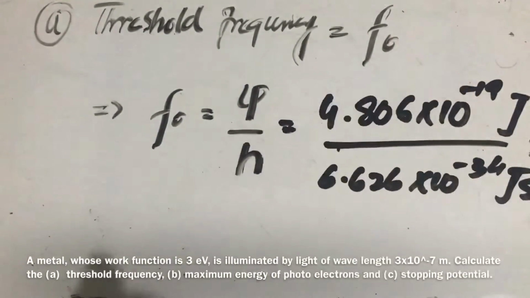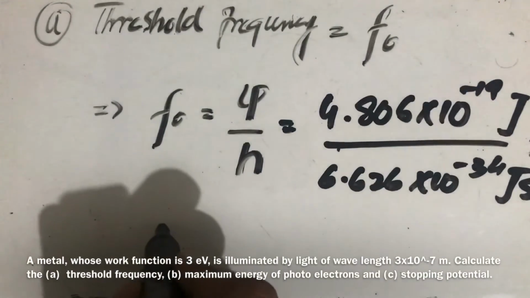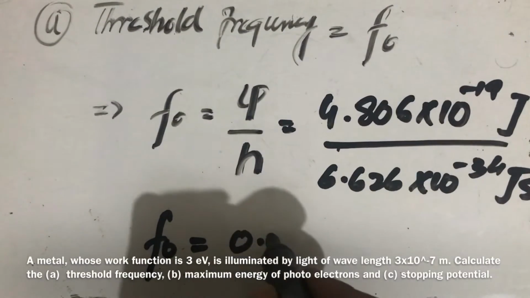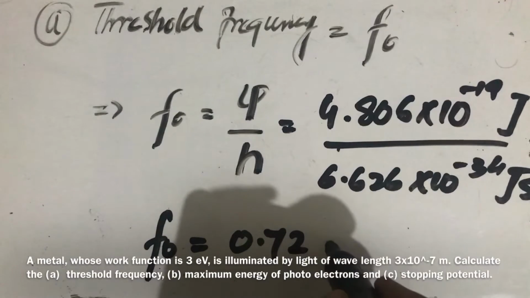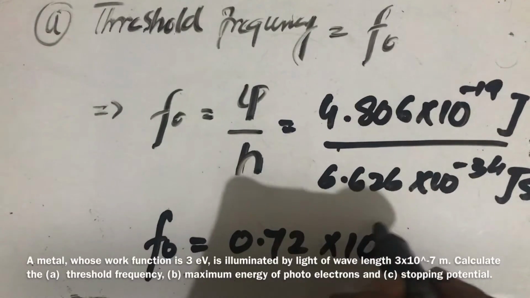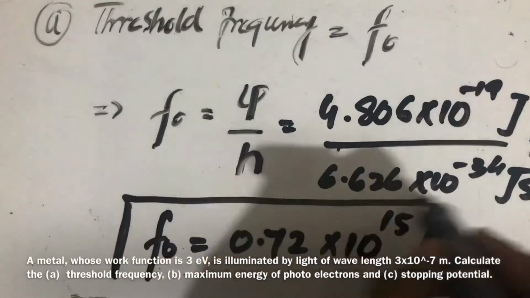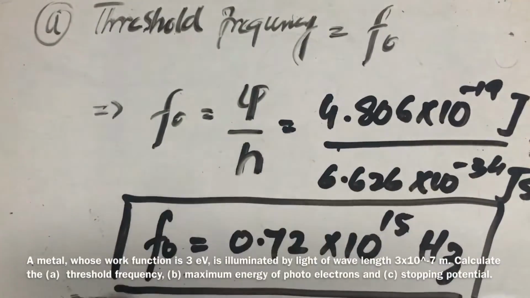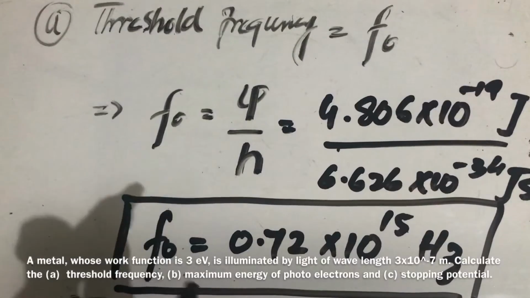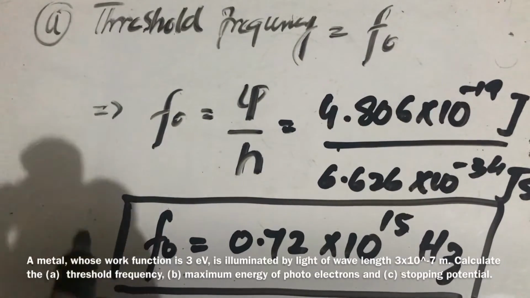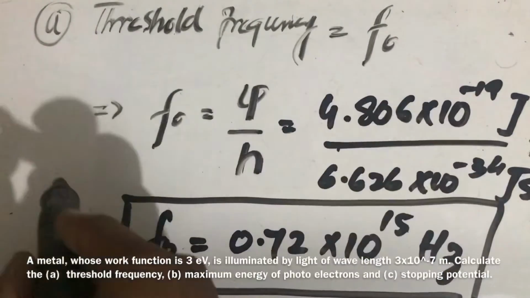Dividing both values, we get f naught equal to 0.72 multiplied by 10 raised to power 15 hertz. So this is the answer for threshold frequency.